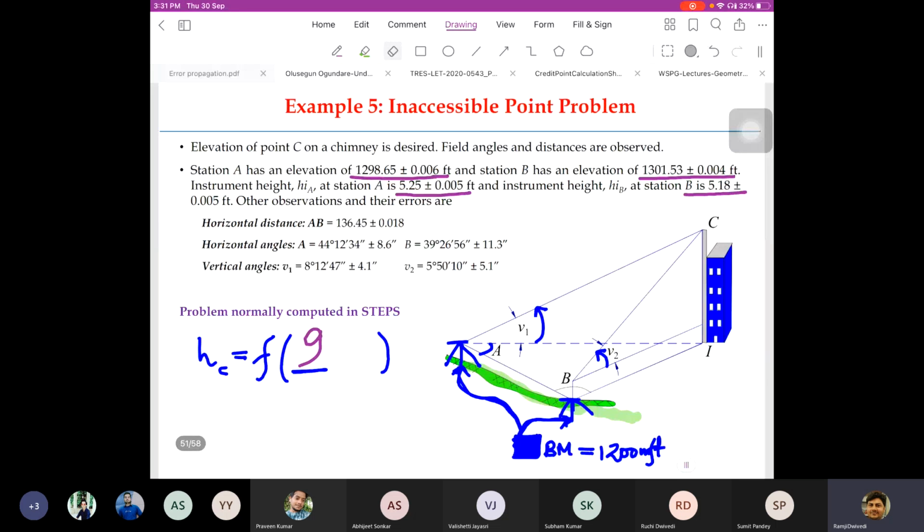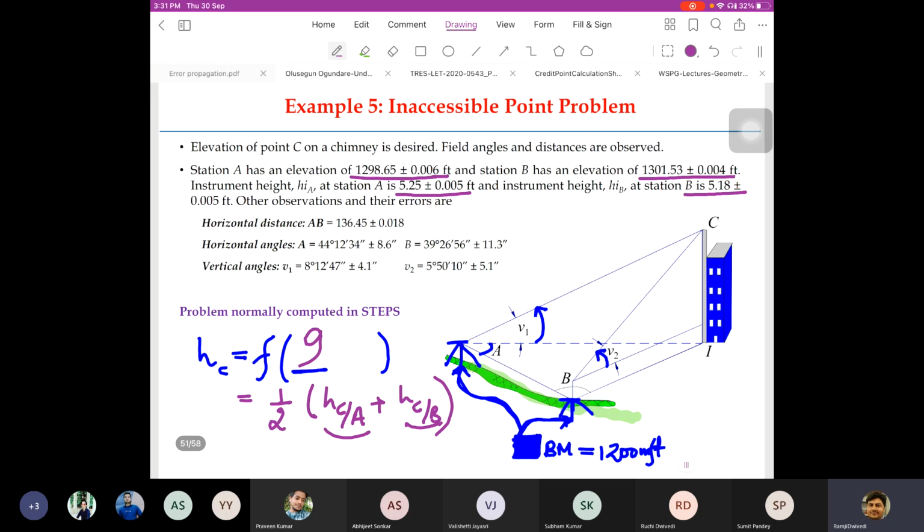I have already told you with the previous marking how this function will be built up: the height at C would be nothing but the average of the height of C measured from A plus the height of C measured from B. Then height of C from A has certain additional parameters, such as the angle measurement, and height of C from B would have additional parameters.